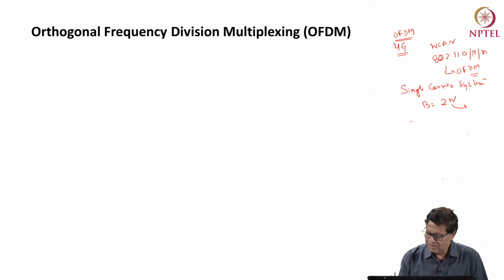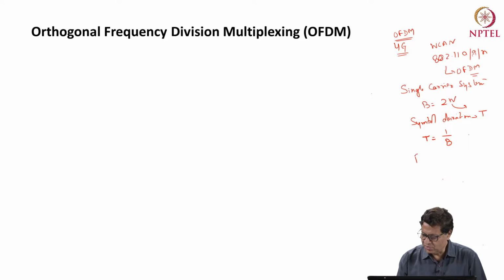The symbol duration is T, and for a single carrier system, T is equal to 1 by B. So you transmit one symbol every T seconds, which means the rate is 1 by T, or B. So for a single carrier system, the transmission rate is B.